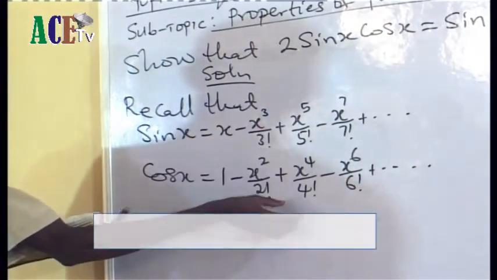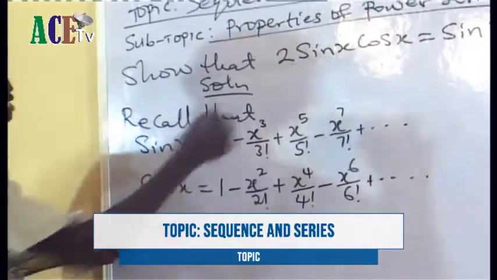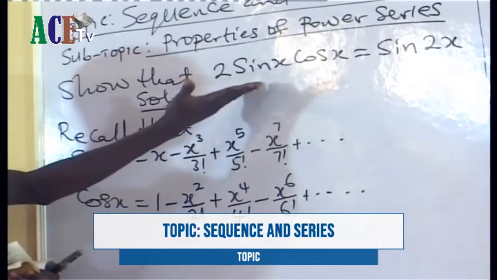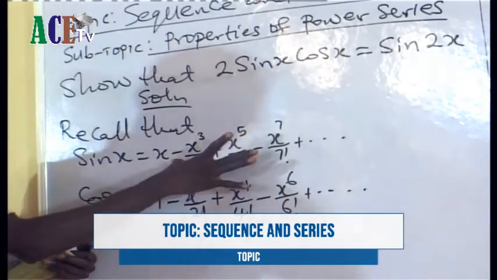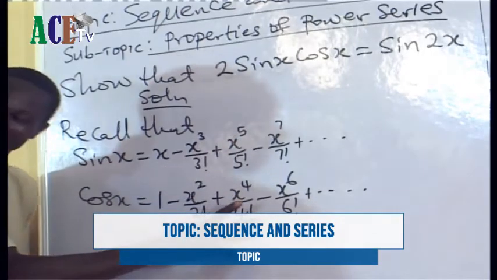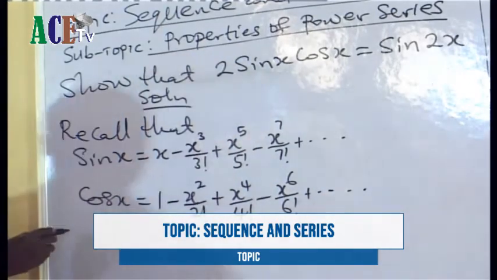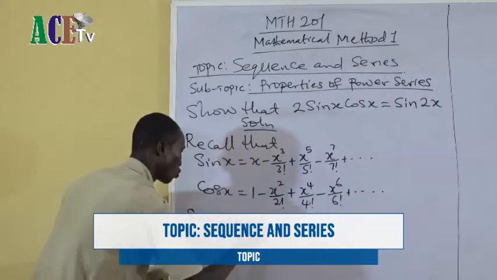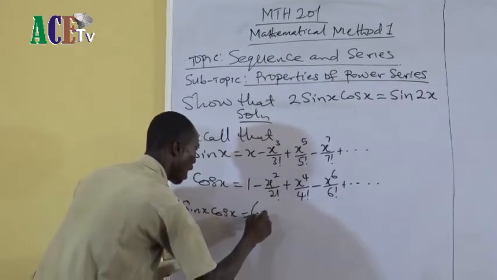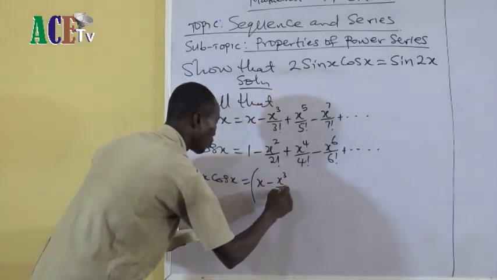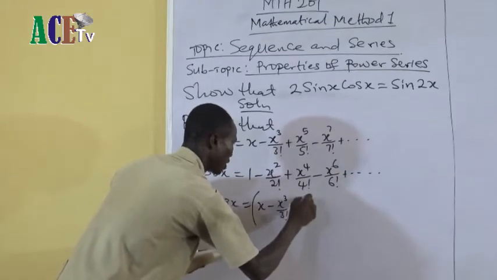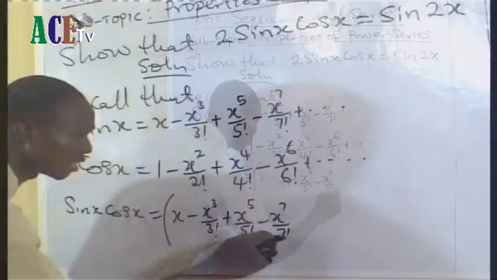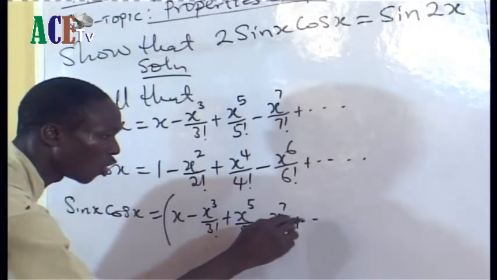Having this and this, then what is sine x cos x? Sine x cos x is just like we want to multiply sine x and cos x. So when we multiply sine x and cos x, what we know to do is to multiply this expansion by this expansion. Then we have sine x cos x to be equal to x minus x cubed over 3 factorial plus x raised to power 5 over 5 factorial minus x raised to power 7 over 7 factorial, and so on.